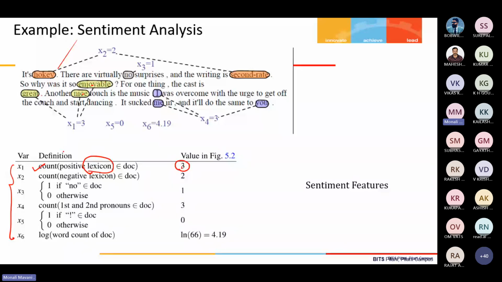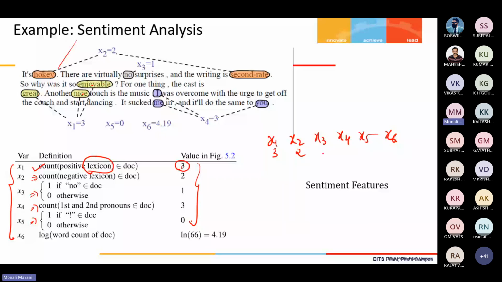Likewise, there are defined features, and as per the feature definitions, we get numbers for those features. So now you can imagine this will look like X1, X2, X3, X4, X5, X6. We have 6 features, and we have their values.